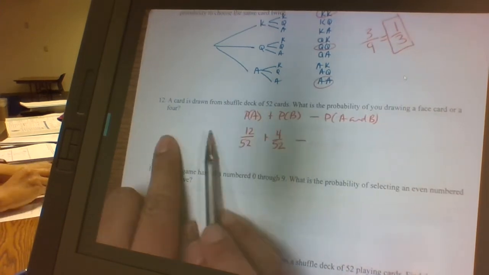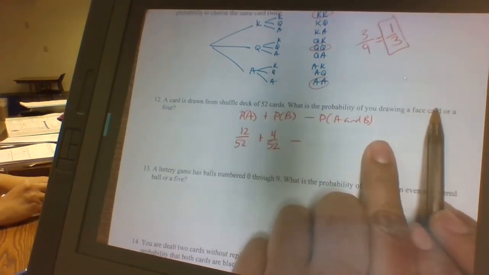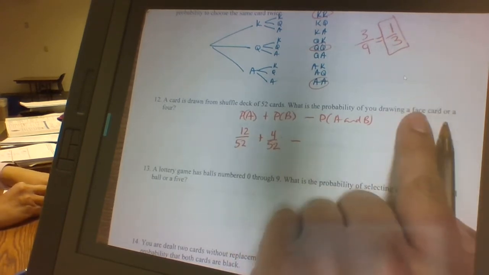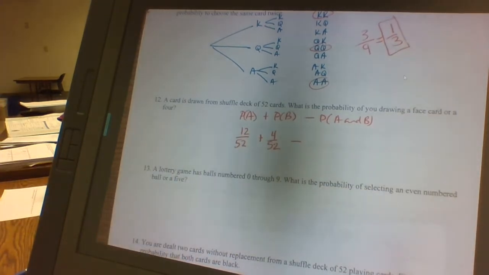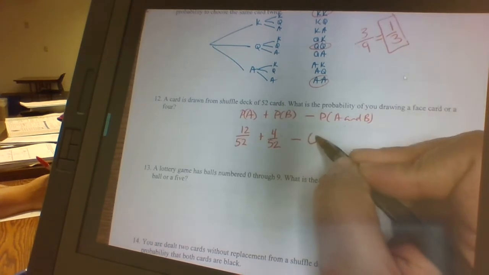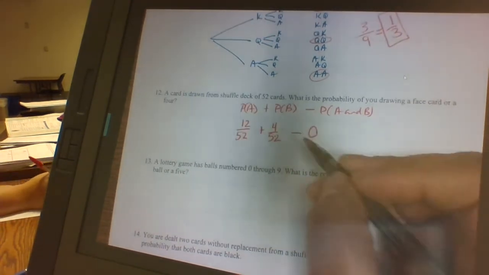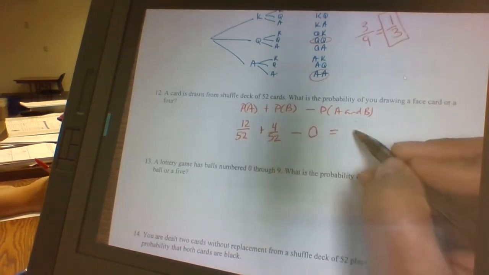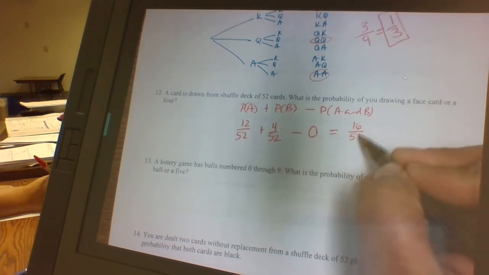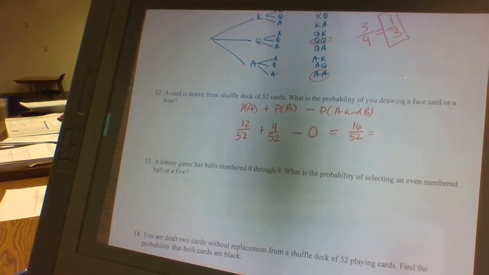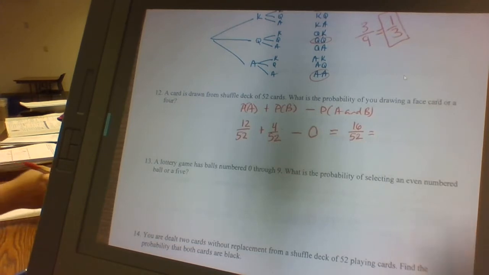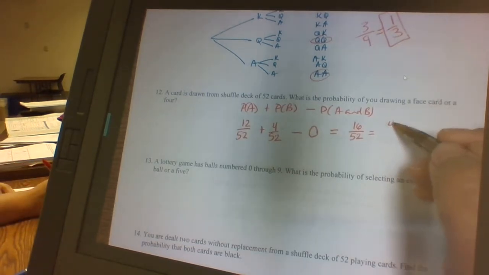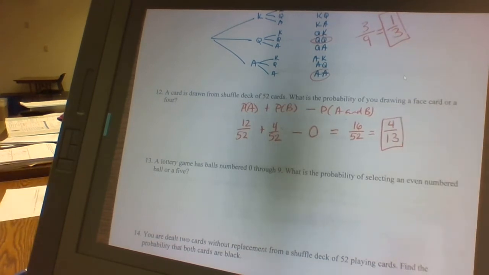Like, there's a 4 and a face card. Is there? No. You cannot have a face card and a 4 together. So this is minus 0. So this just becomes 16 over 52. It's reducible by 4. 16 divided by 4 is 4, and 52 is 13.